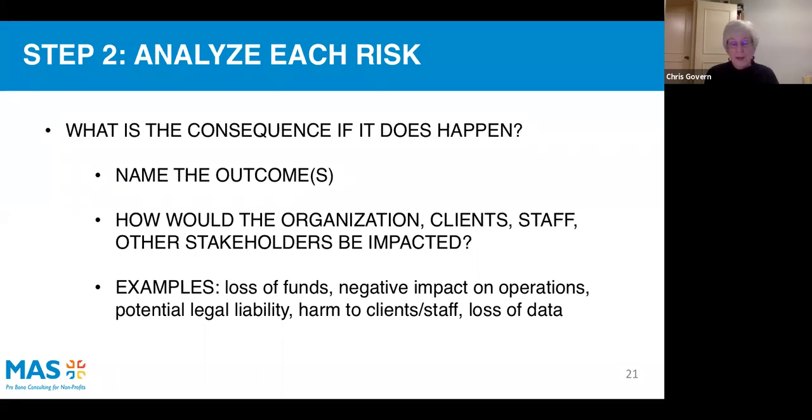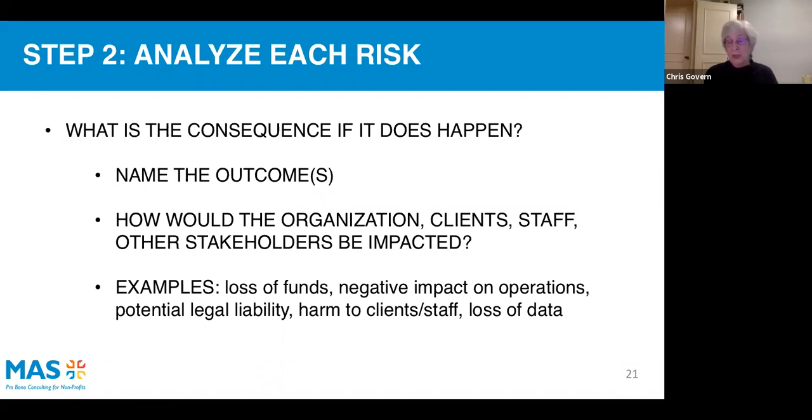If I think about it, if the risk is I operate outside of my charitable status, the consequence is I could lose my charitable status. If I'm dependent on donations, I could see a significant loss of revenue. If I fail to comply with health and safety standards, the consequences could be harm to clients or staff.